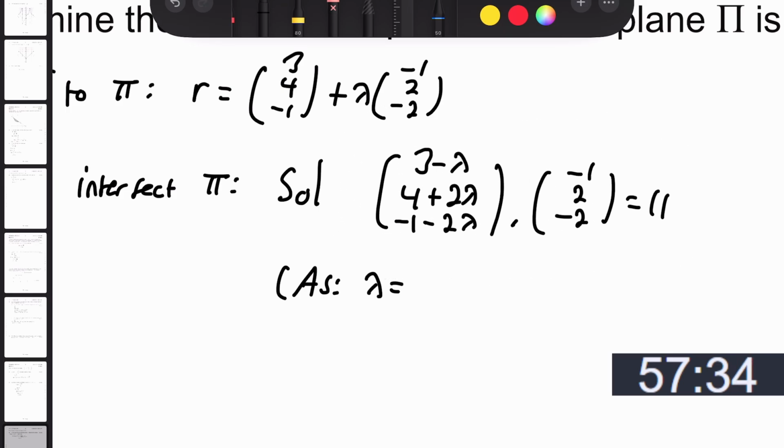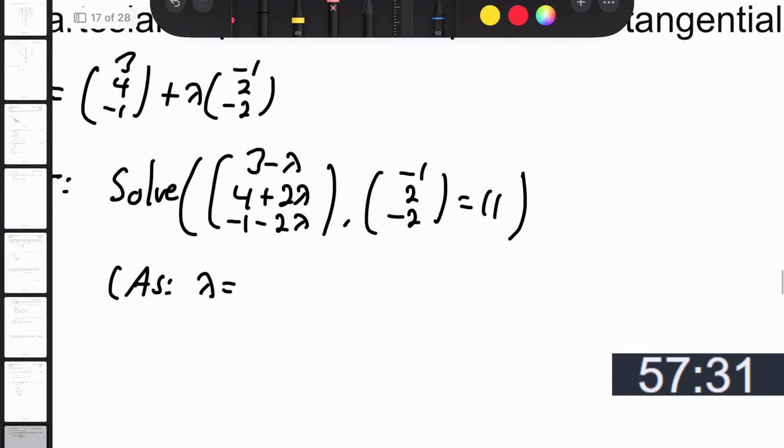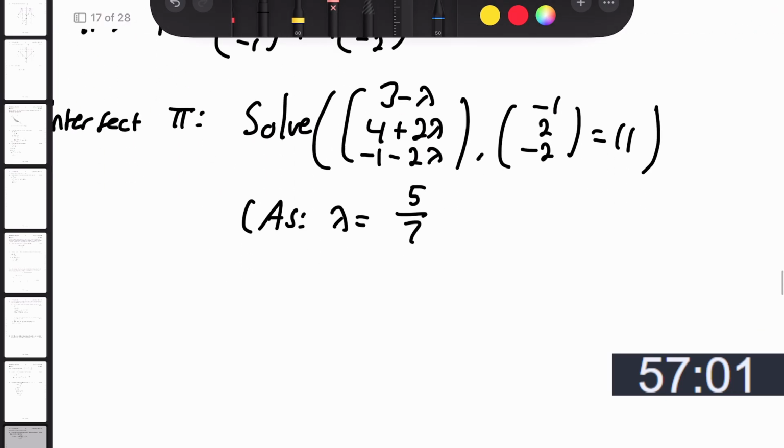Right, solve lambda is equal to, and I want a dot product, 3 minus lambda, 4 plus 2 lambda, negative 1 minus 2 lambda, and then negative 1, 2, negative 2 is going to equal 11. Lambda is equal to 5 on 7.